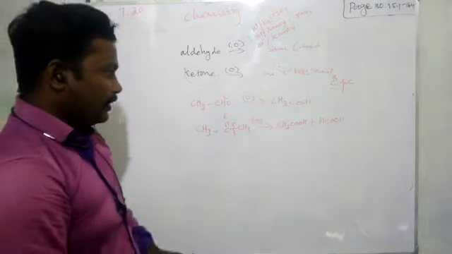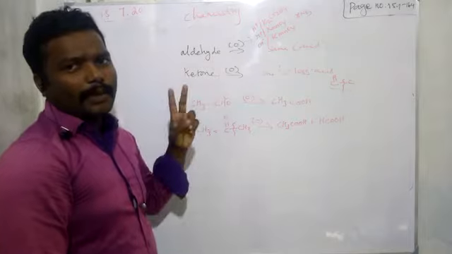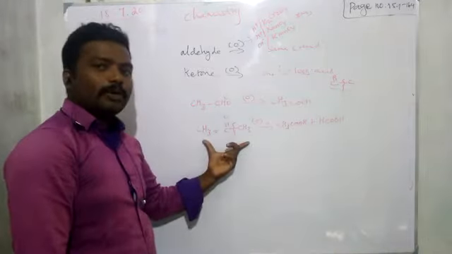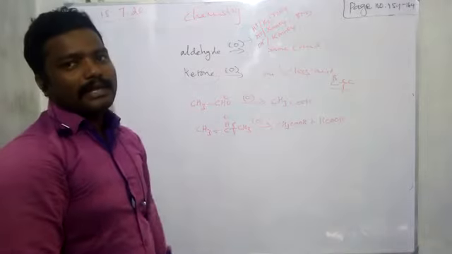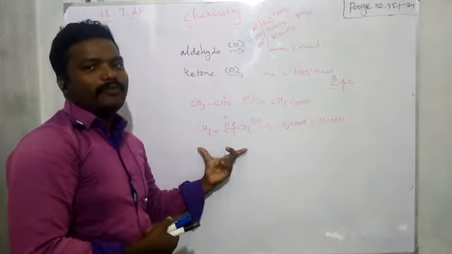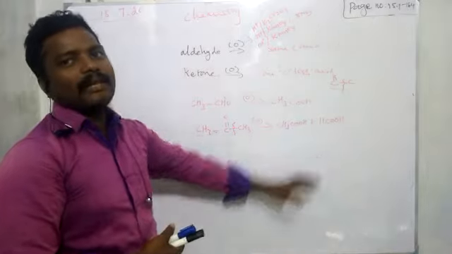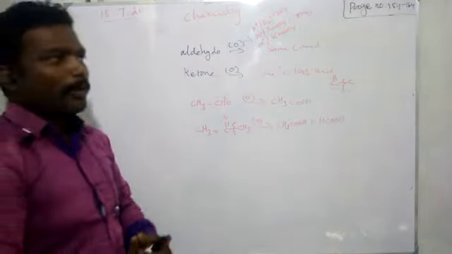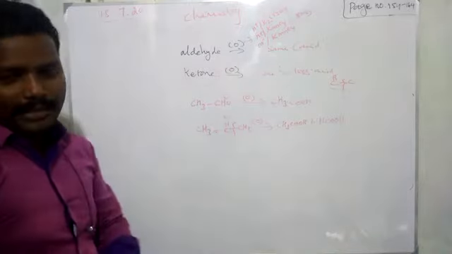But here you have to remember, in aldehyde we took a 2 carbon aldehyde and got a 2 carbon acid. But here we took a 3 carbon ketone, and we get 2 carbon acid and 1 carbon acid. So we cannot get the same number of carbons as we took in the reactant. The same number of carbon containing acid will not be produced in ketone oxidation. That is important. We always get a one carbon less acid product.